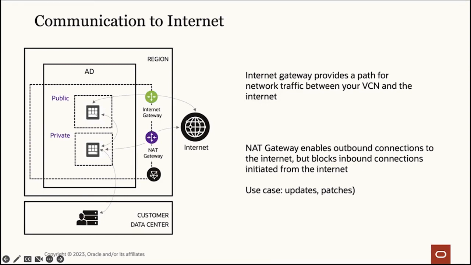So as I mentioned earlier, hosts can initiate outbound connections to the internet and also receive responses, but they cannot receive inbound connections initiated from the internet. One use case that is really great for a NAT gateway is when you are trying to utilize updates and patches. And when it comes to NAT gateways on a VCN, you can have more than one, but a given subnet can only route traffic to a single NAT gateway.